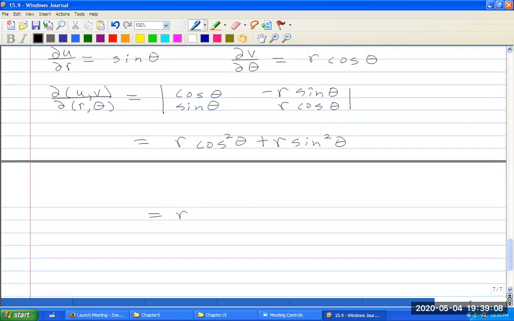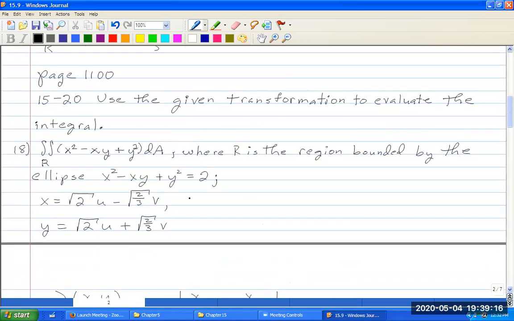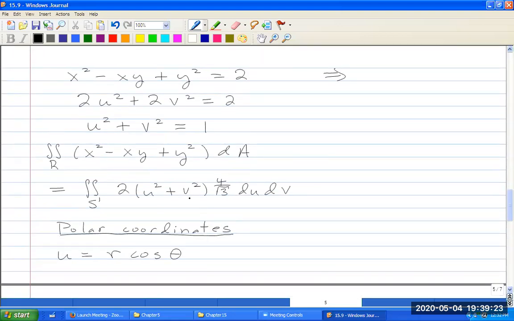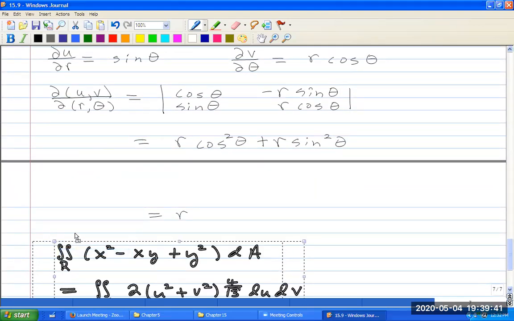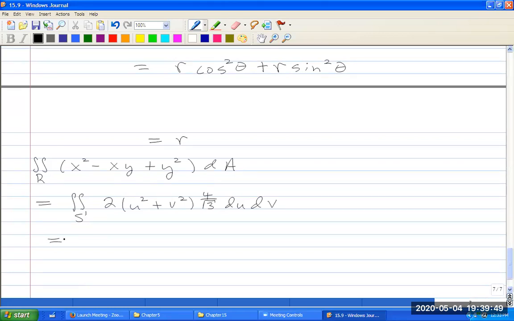So therefore, this integral, and maybe I'll start with the original integral, so my integral over the ellipse is now equal to, I just want to integrate dr d theta.